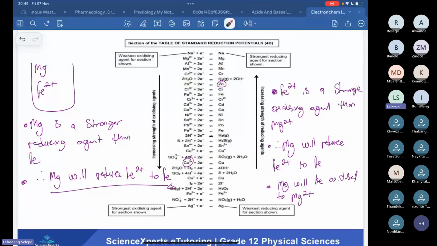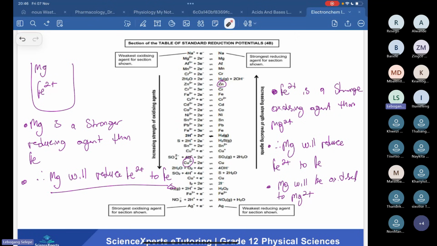Here I used an example of Mg and Fe, right? So we said that Mg is a stronger reducing agent than Fe, right? So Mg is above Fe, right? So therefore, Mg would be able to donate its electrons to Fe, right?